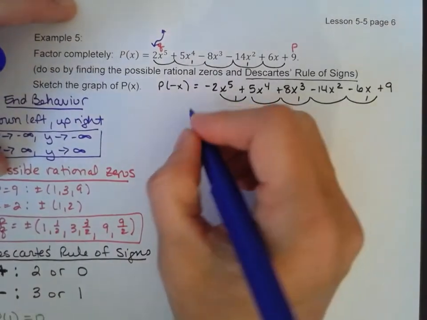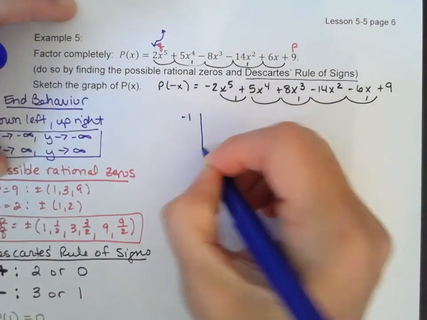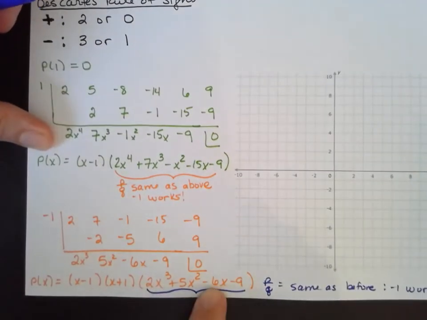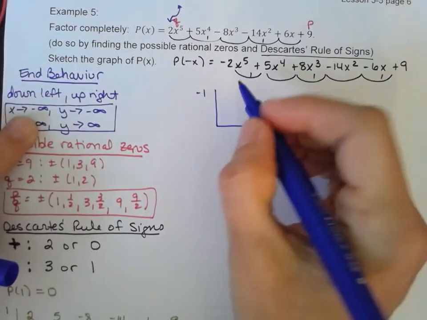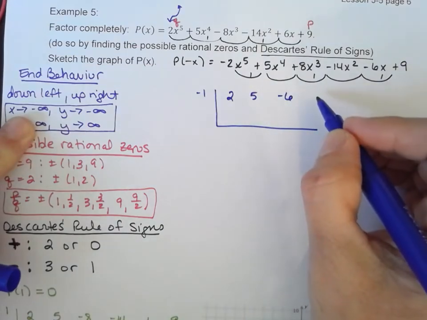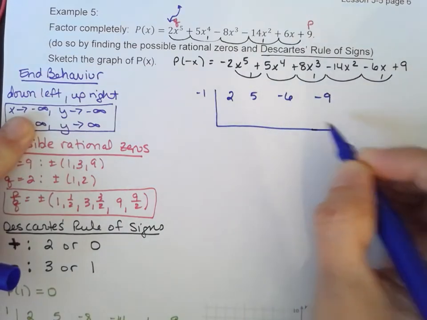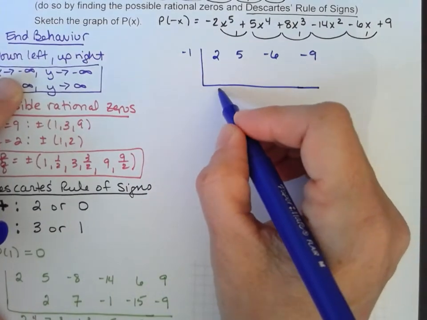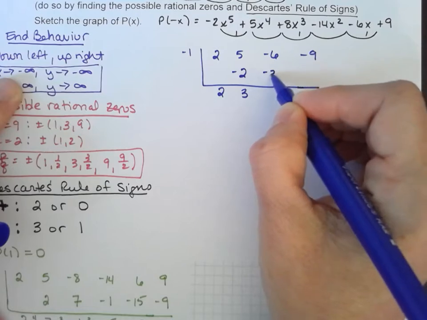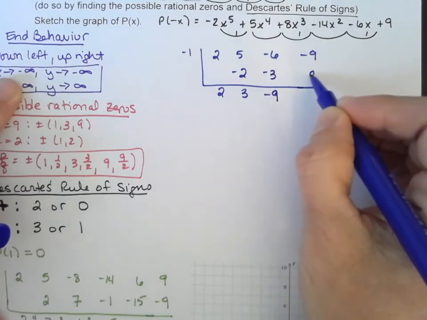So we stop and we do synthetic division. We're putting these numbers in 2, 5, -6, 9. Bring down the first one, multiply, add, multiply, add, multiply, add.